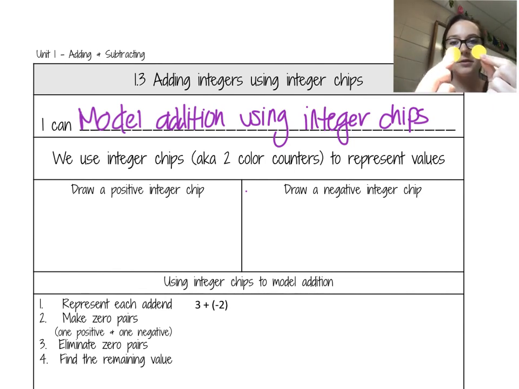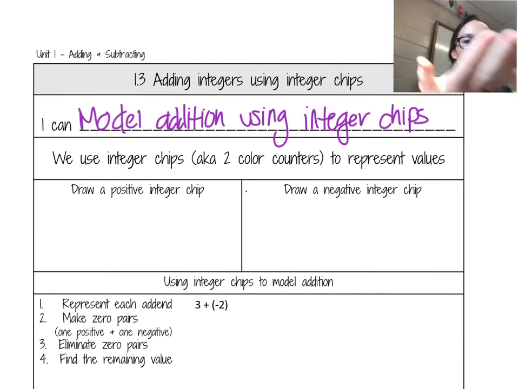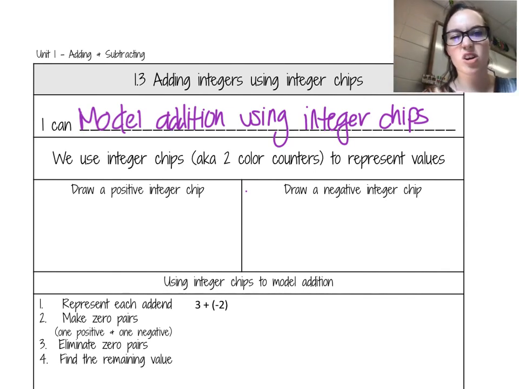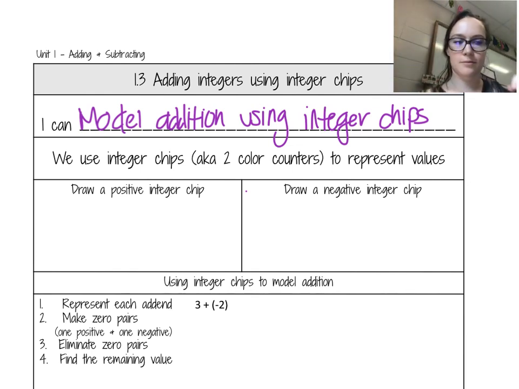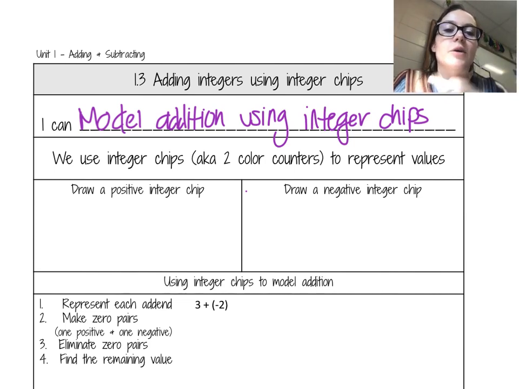This would be +2, right? So normally you would get to use these, but since we're online, we're going to just draw them. Okay. They're also called 2-color counters because you can use them for counting. And they have 2 colors. Pretty straightforward. Math people, not always that creative. Okay. So I'm going to draw mine with the colors. Okay, but you can just draw yours. You don't have to make it match.